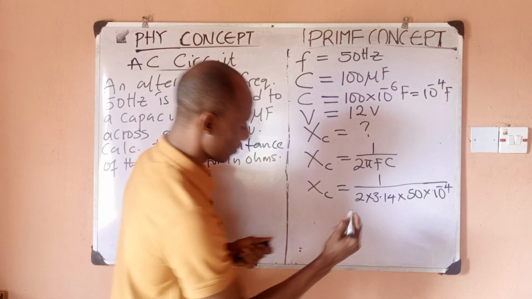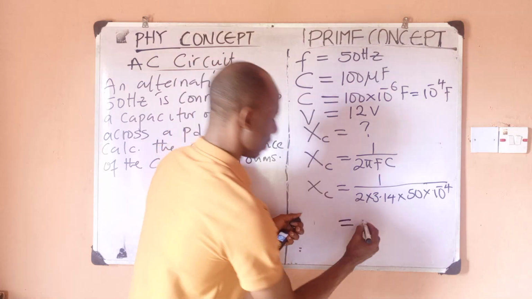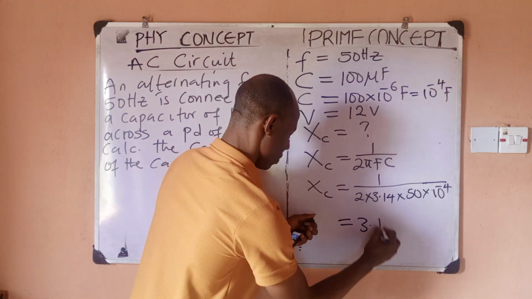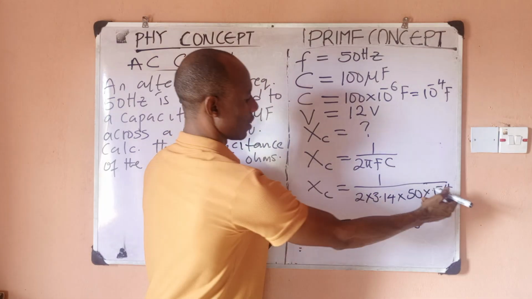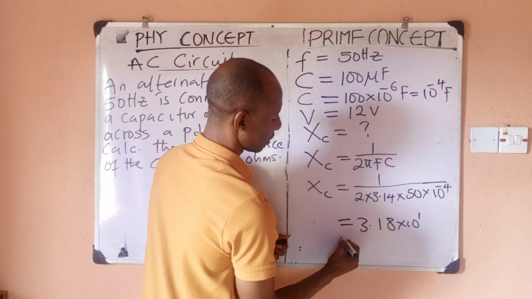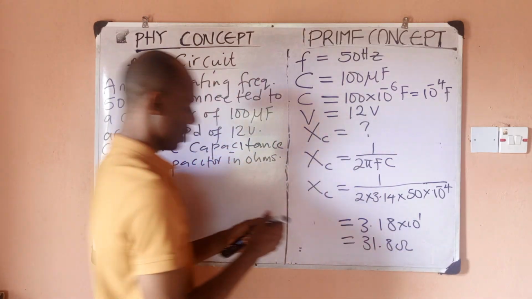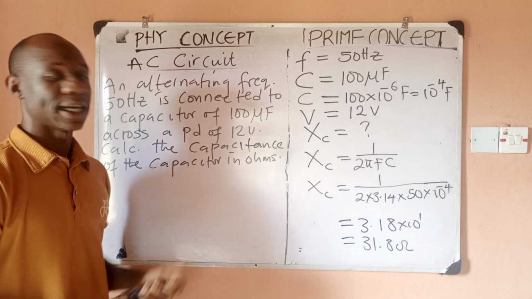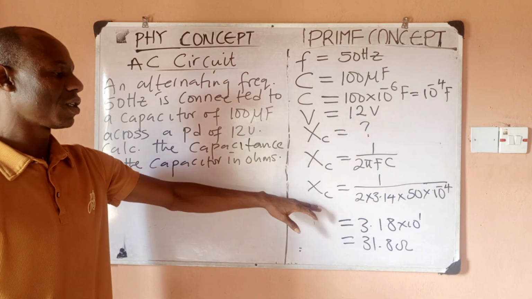So I have 3.18 times 10 to power, when this comes up, it becomes 4. 4 minus 3 is 1. So I can just say this is going to be 31.8 ohms. So that is what I would get as my capacitive reactance, or my capacitance measured in ohms.